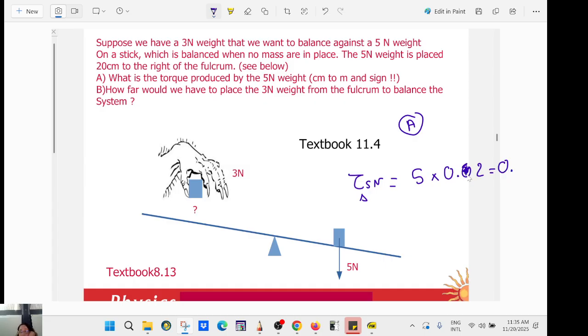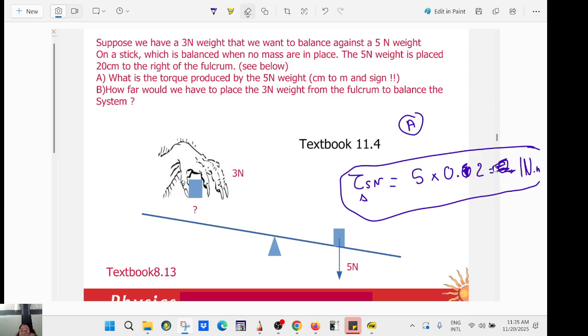So that will be 1 Newton meter. So in that case, yes, you have to convert. But when you do equilibrium, no. Depends what they want.